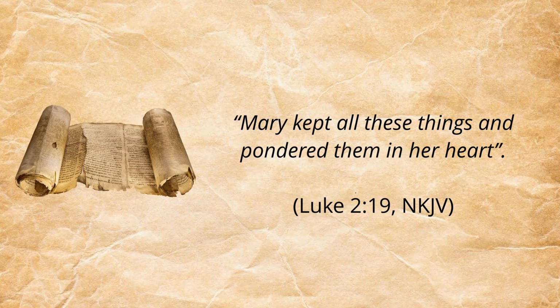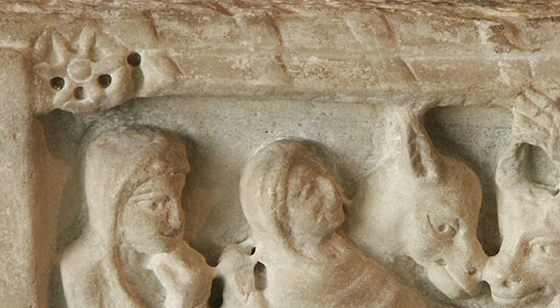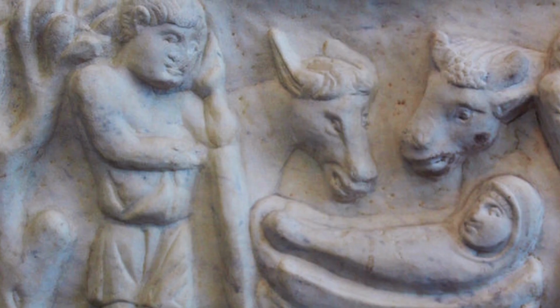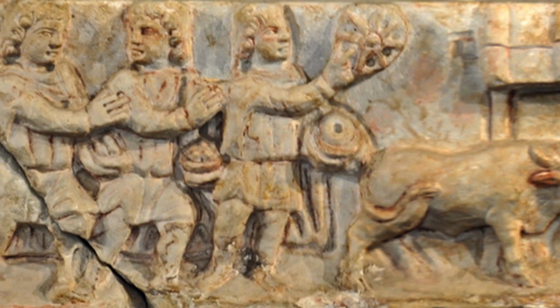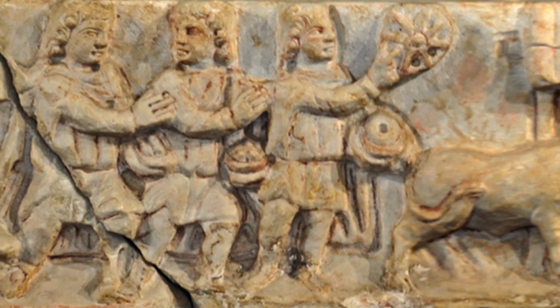Also typical is the star above Mary's head. If Mary's there, there's usually a star there. And then a shepherd is often there by the manger, typically pointing to the star. And oftentimes there are three magi nearby or connected or above or around this image, and they're traveling pointing to the star as well.